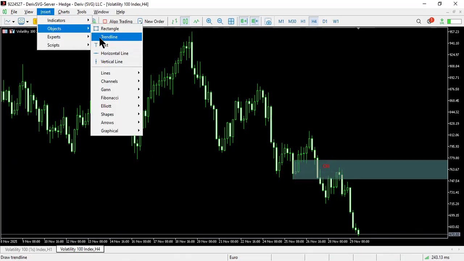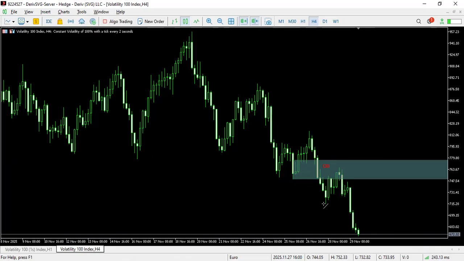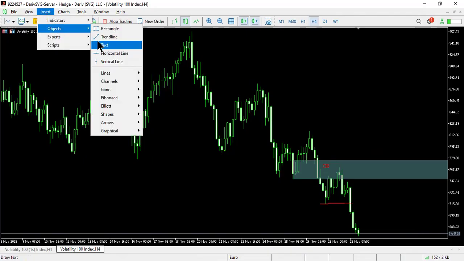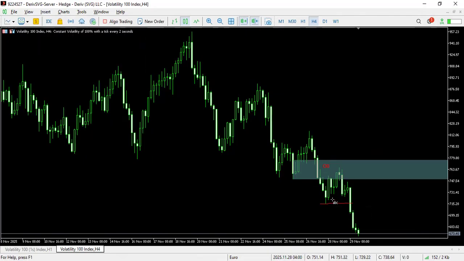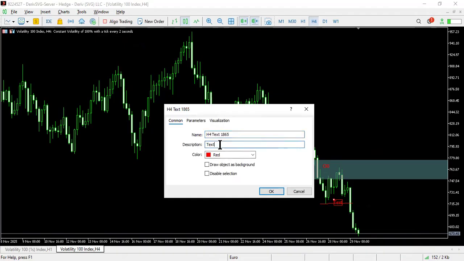So from the 4 hours, that is the most recent break of structure. So that is a break of structure.